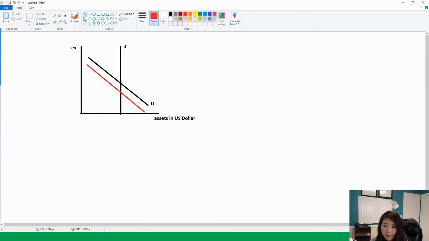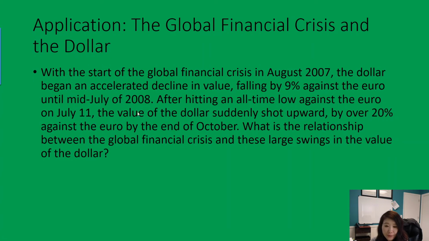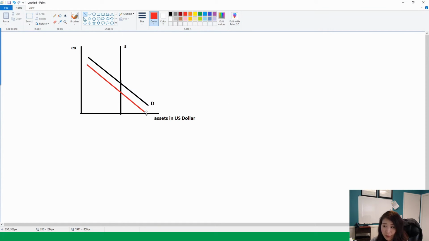That's why we notice that at the beginning of the crisis, the U.S. dollar depreciated. And towards the end of the financial crisis, people were expecting the interest rate on the U.S. market to go up. So the demand curve will shift back to the right, and the equilibrium point will go up.